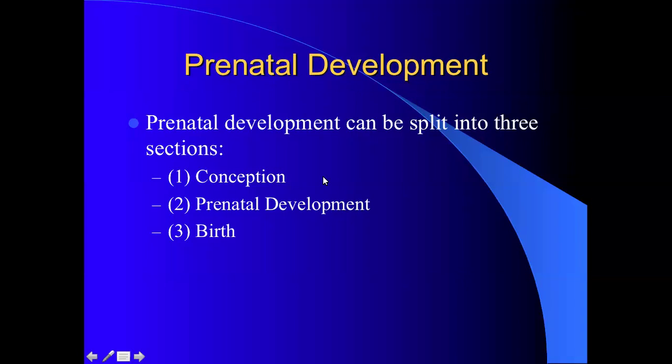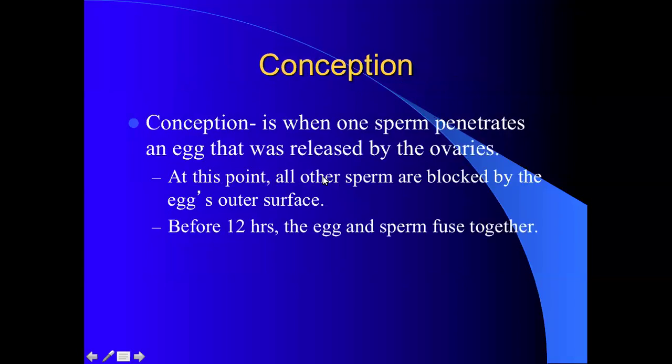But let's begin. The concept of conception is when one sperm penetrates an egg or an ovum, and it fuses together. And when that happens, all other sperm are blocked out. So when you think about it, once one sperm enters the egg, nothing else can penetrate. So they're all blocked out.